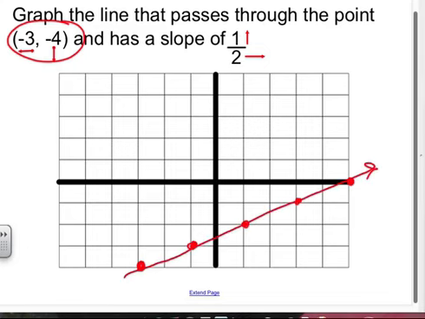Better make a straight line. So when I say that slope, the ratio that we use for slope, can be used as your driving directions, what I mean by that is those numbers can tell you where do we go from our starting point. And where's our starting point? Well, that's the point that they give you. That's that ordered pair that we start with. Okay, let's look at another one.